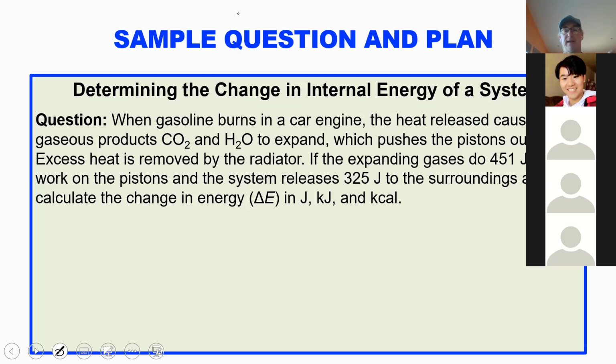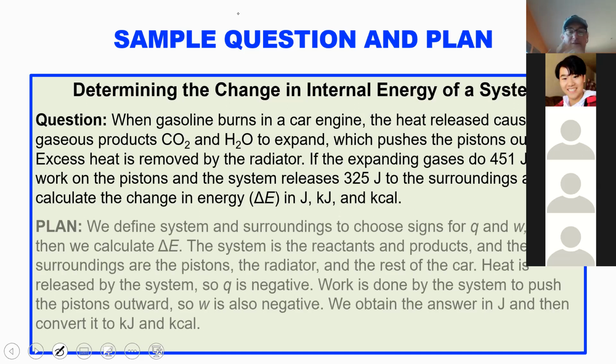When you make CO2 and water vapor in that explosion, it pushes the piston out and changes the volume. So if the expanding gases do 451 joules of work, and the system releases another 325 joules of energy in the form of heat to the surroundings, what's the total change in energy?